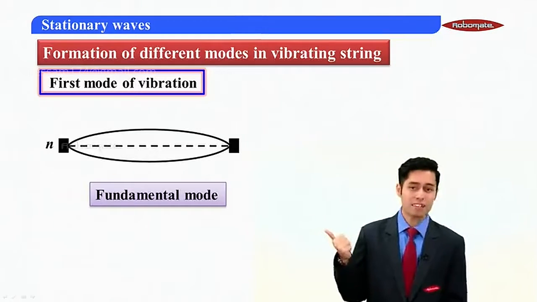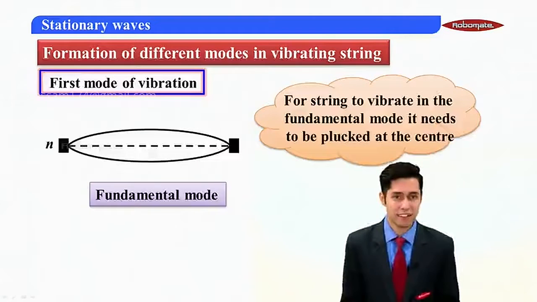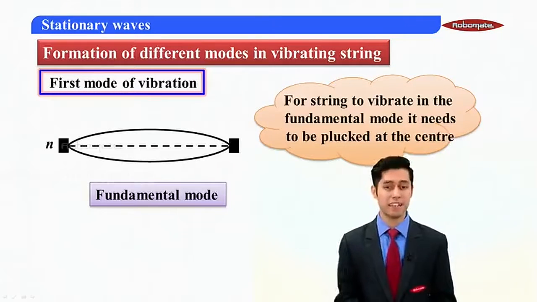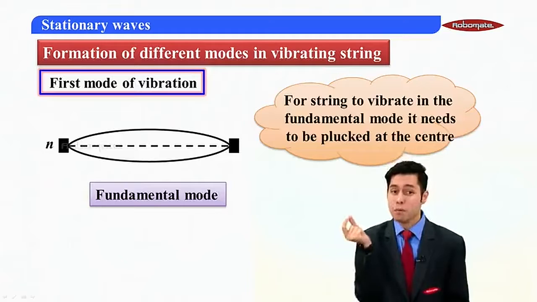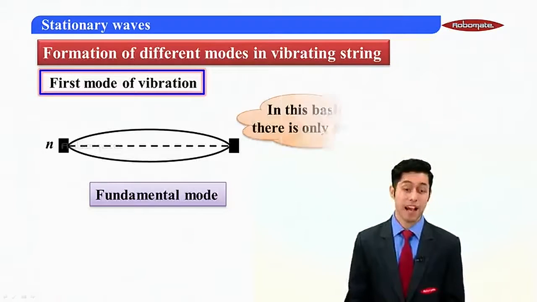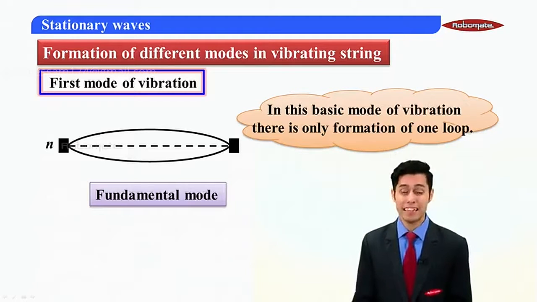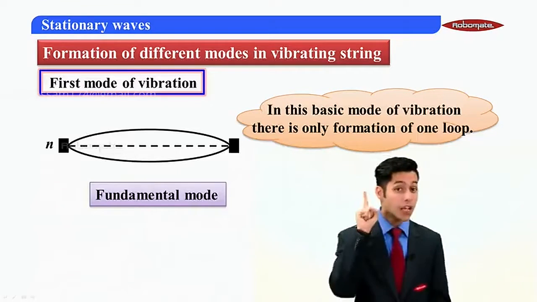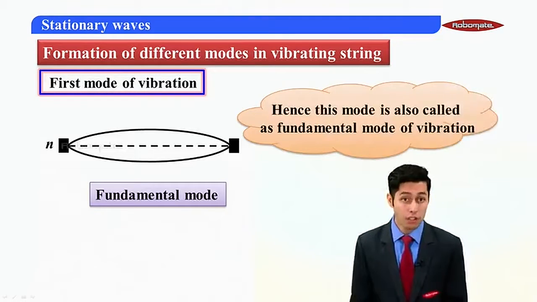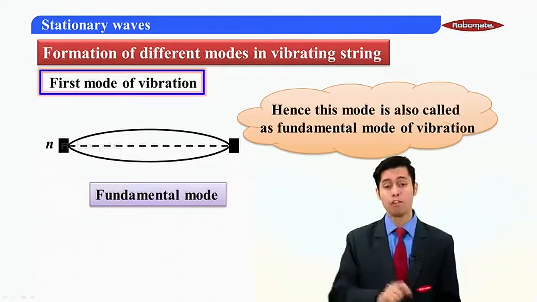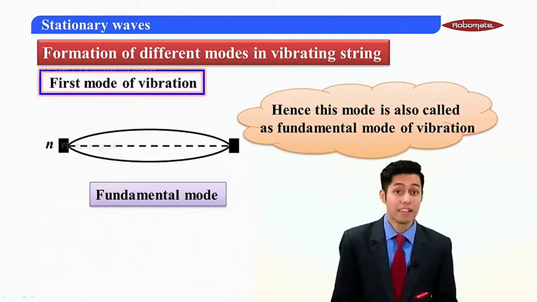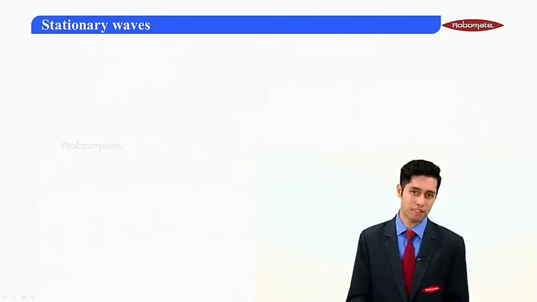I denote its frequency by N. Now for a string to vibrate in the fundamental mode, it needs to be plucked at the center. Again, the number of loops formed in this kind of vibration is only one loop. Also, we must know that this mode of vibration is called the fundamental mode of vibration.